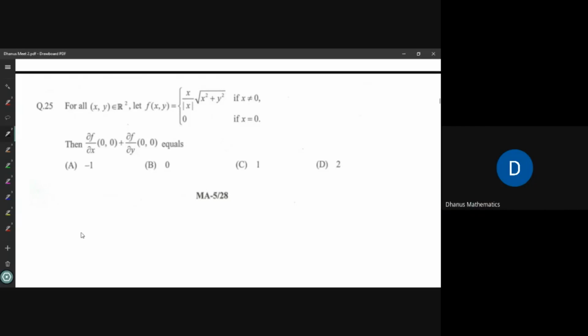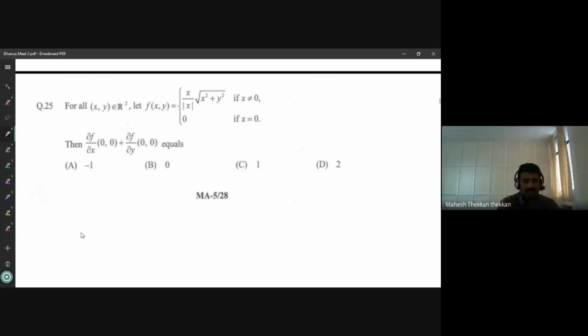Students, you can post your answer in the chat box or directly unmute your mic and say. This is as simple as that. You have already seen some examples. You only use the definition of the partial derivative with respect to x and y at 0, 0. So compute each and tell.